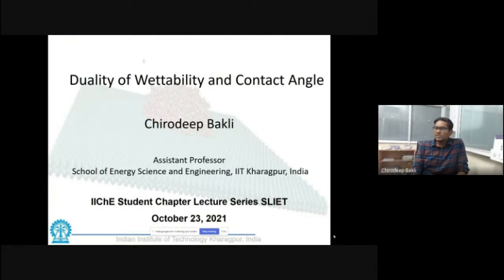So the general notion, the layman's concept of wettability, is the degree to which a surface would get wetted by a fluid, or water most commonly, and this is termed as the wetting propensity or the wettability of the surface. And this wetting propensity is measured by something called the contact angle, which is the angle subtended by a fluid, inside the fluid droplet itself, on a surface.